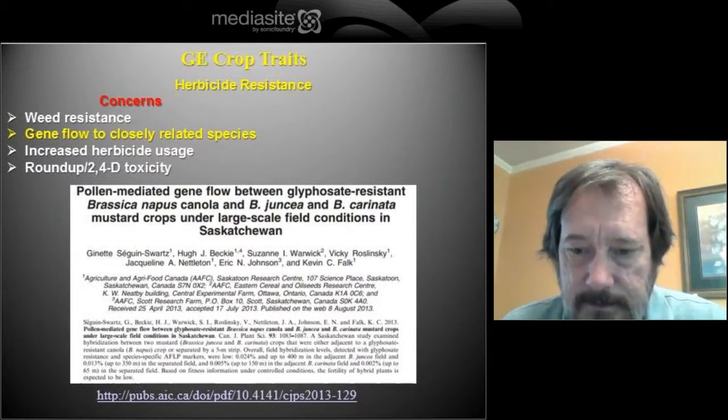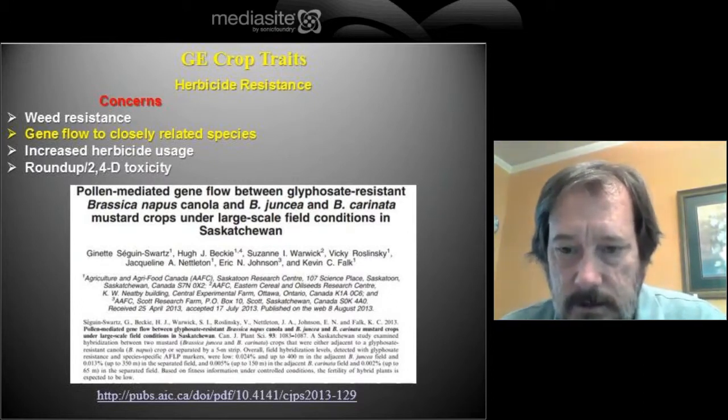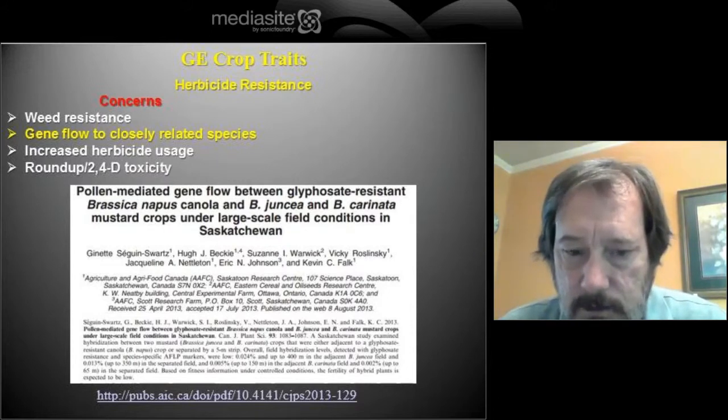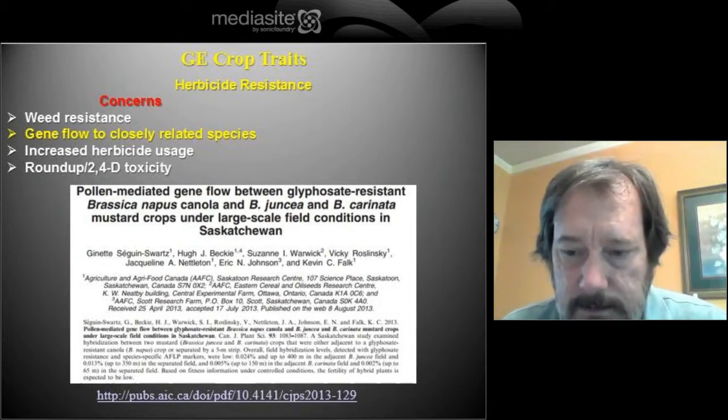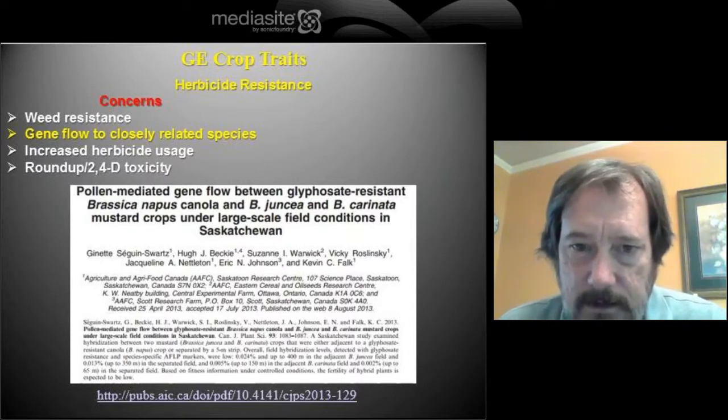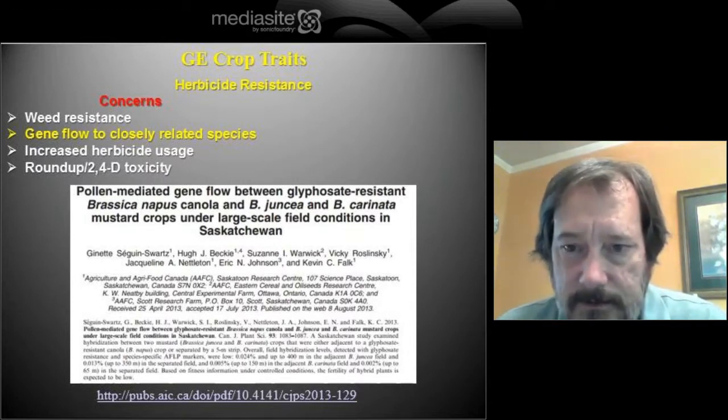And they found that the resulting crosses were less fit and were not as likely to cause any major ecological concerns. But that certainly might not always be the case. This is one of the things that scientists look at. They look at the fitness, and the likelihood this might happen.